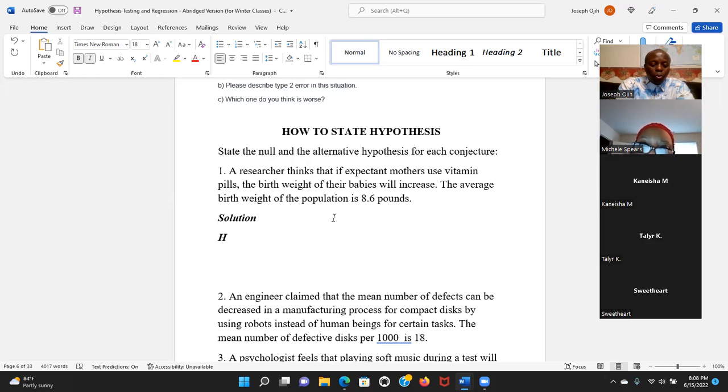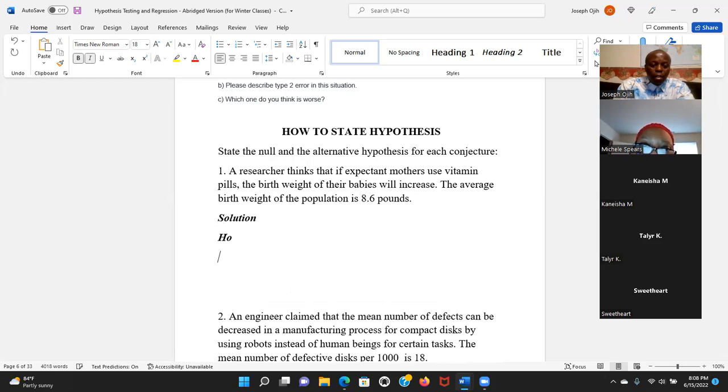H0 is the null hypothesis. H1 is the alternative. For this class we limit ourselves to hypothesis testing for the mean. It said that if the expectant mothers use vitamin pills, the birth weight will increase.